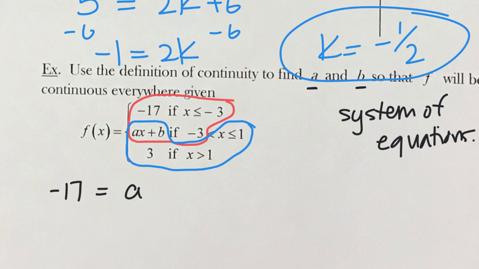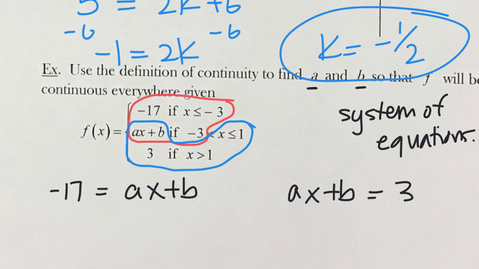-17 has to equal ax plus b. And ax plus b needs to equal 3. Right? The y value of these 2 parts of our piecewise need to match up, and the y value of these 2 parts, the middle with the left and the middle with the right, have to match up.